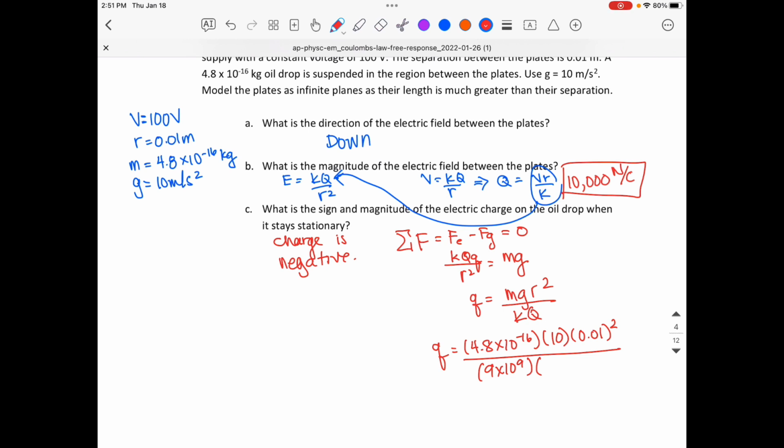If I put that in here, I can simplify a bunch of things.